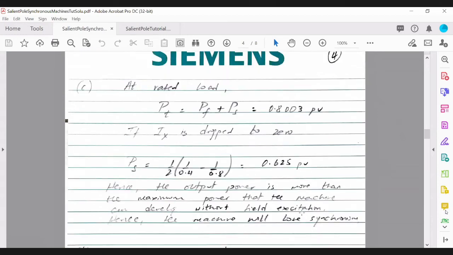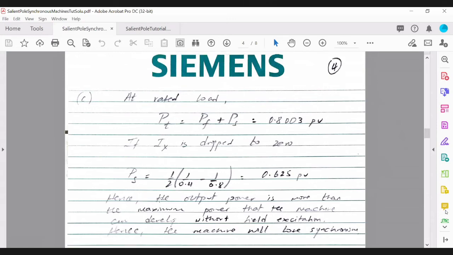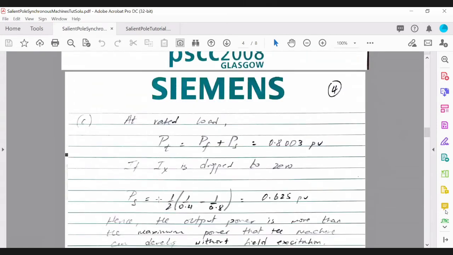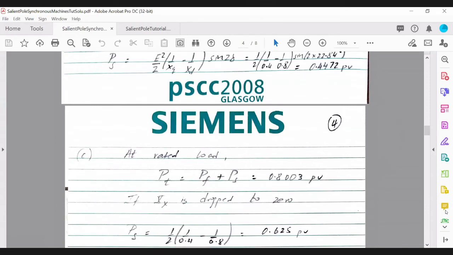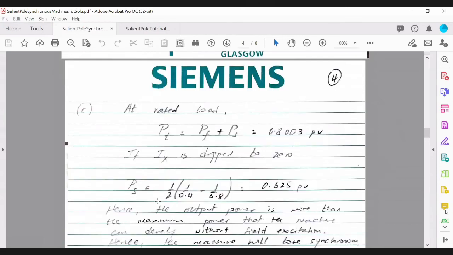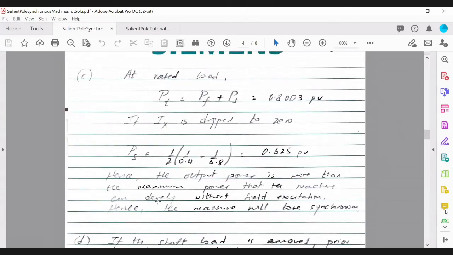And now if we drop the excitation current to zero, we're going to have only the power due to the salient portion. Okay, so when that happens, we can work out the power due to the salient portion.